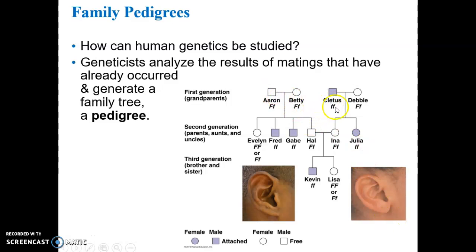And notice that Granddad Cletus has attached earlobes, and that means he had to have been homozygous recessive, all right? Now, their children, one person had attached earlobes. So the only way that could happen is inheriting a second recessive allele from the grandma, who happened to be heterozygote, so she could actually contribute a recessive allele into her gametes, okay?